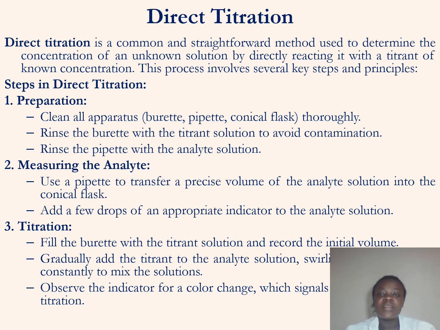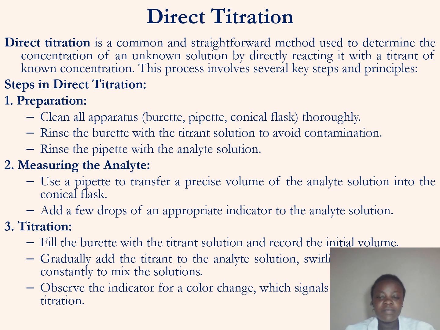So we react the unknown solution by just directly adding the titrant or the standard solution, that is the solution of known concentration. Then this process takes several key steps and principles. So we need to consider a few steps.